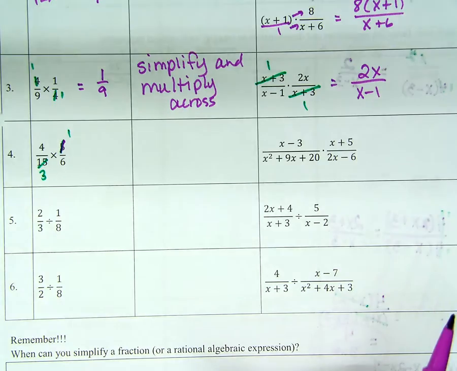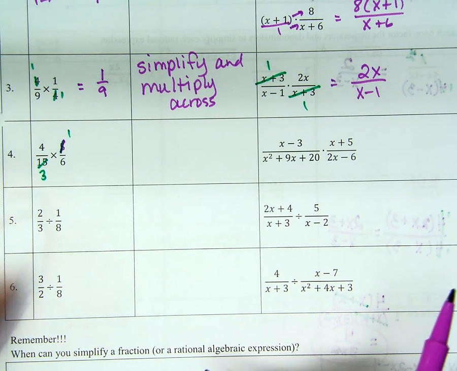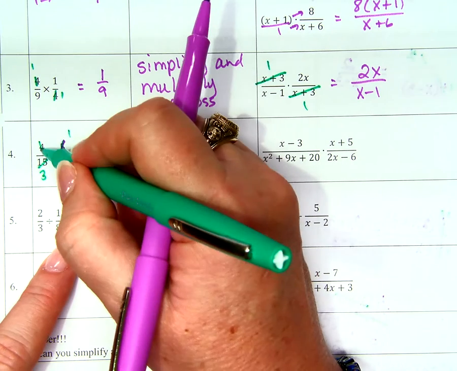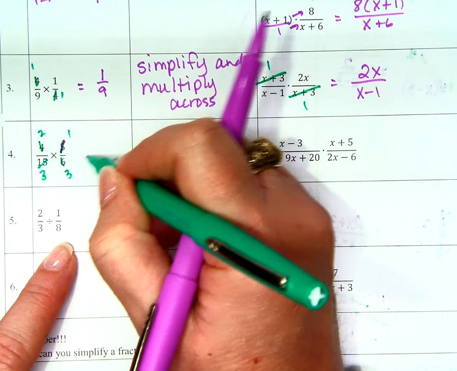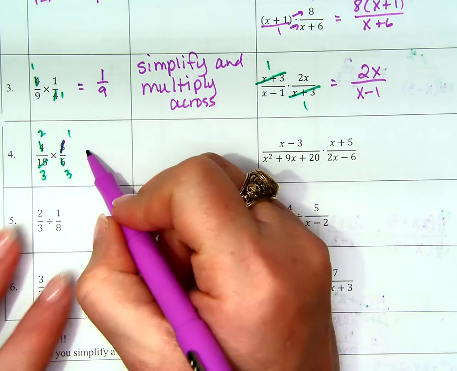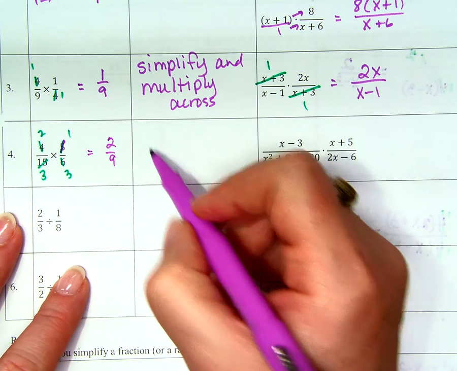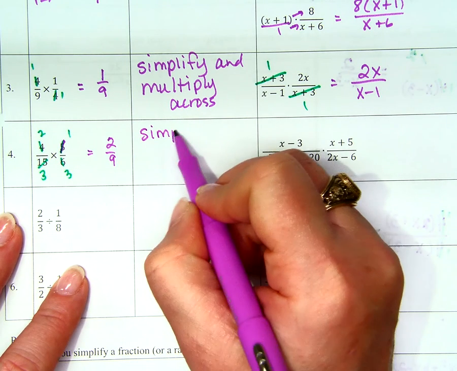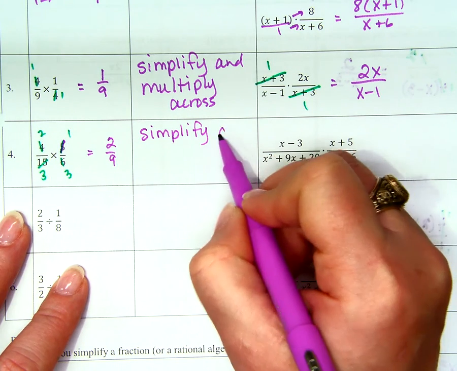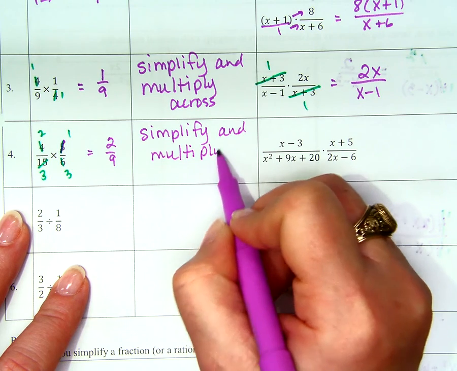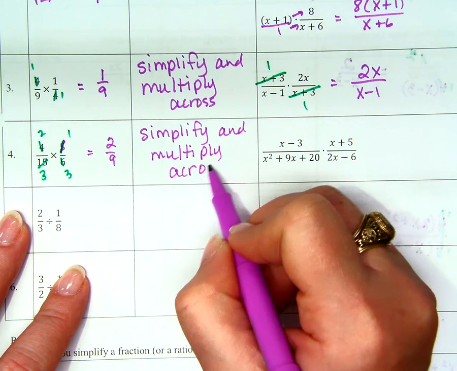Okay, is that it? 4 and 6 are not both divisible by 4. Oh, it doesn't have to be one of the numbers? Oh, okay. So a 2 and a 3. So what do I end up with? 2 over 9. Simplify and multiply across.